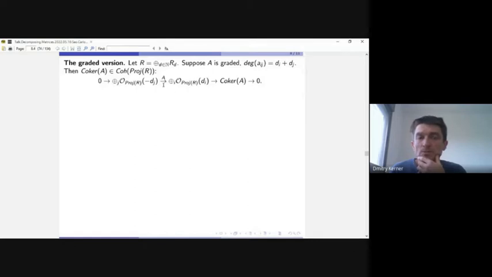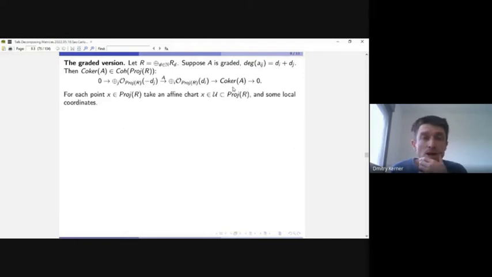Yes, once again, we consider the matrix as a morphism, but not of free modules, rather these modules. Yes, so we have the twisting sheaves, because of these degrees. So this is the morphism of direct sum of twisting sheaves, and it presents the co-kernel sheaf. And this is global, on the projectivization of R.